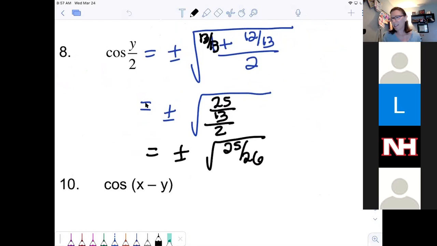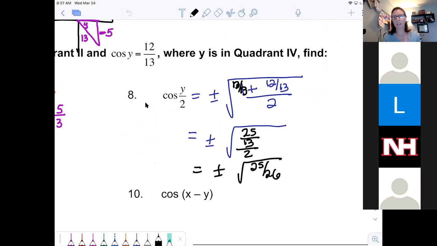I started it. And a really good question that you might want to make a note for tomorrow, when you're looking at the answers, number 8 is the minus and not the plus. And the question is, why is your answer a minus square root instead of a positive square root?